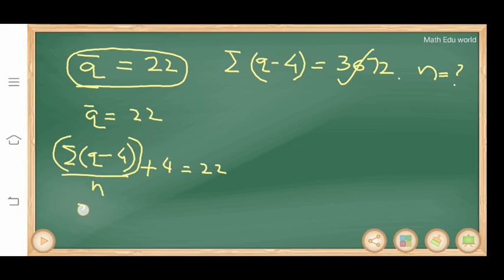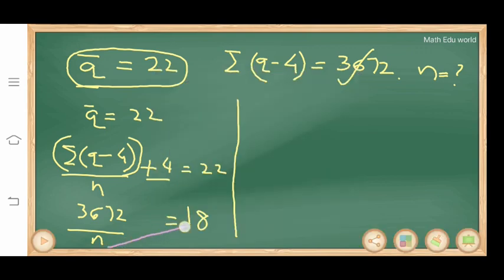So it can be written as 3672 divided by n is equal to 18 when we take plus 4 to the right side. So now what can we do? It's nothing but cross multiply n.